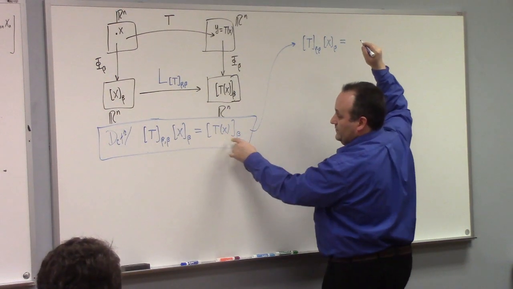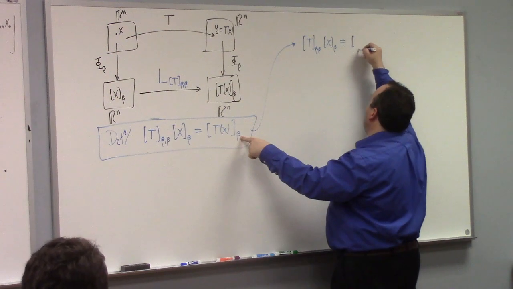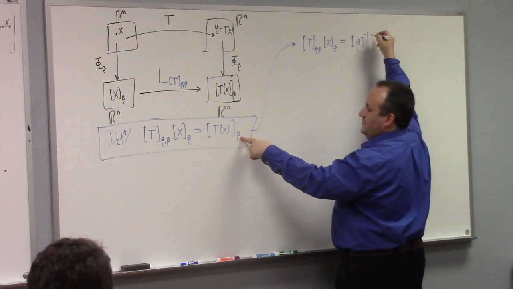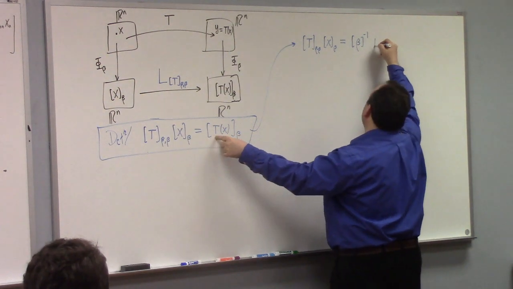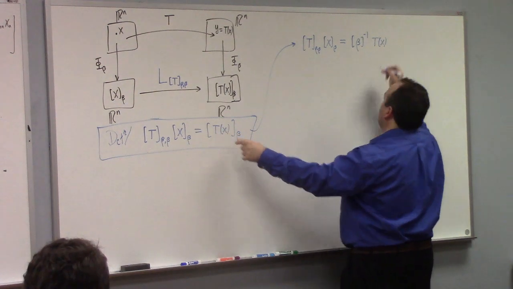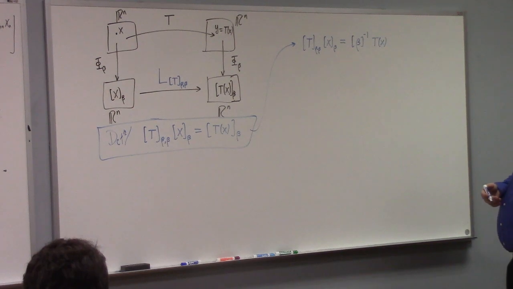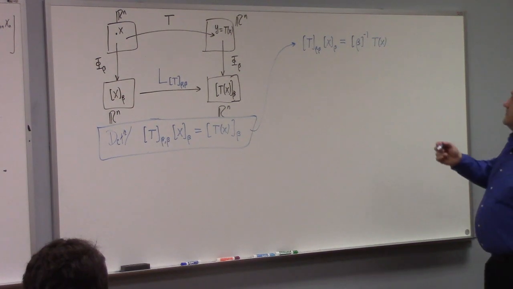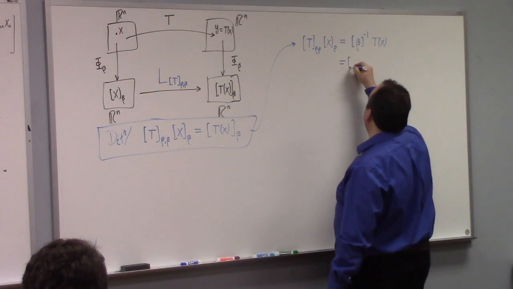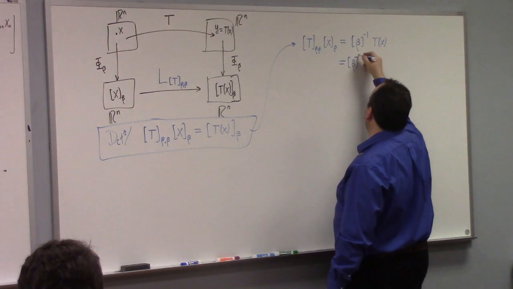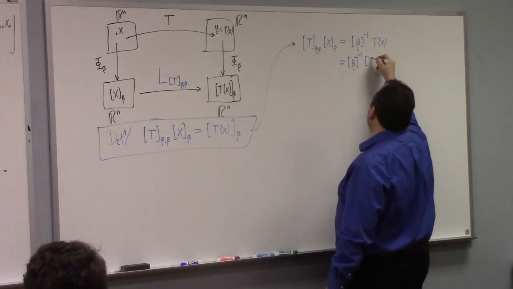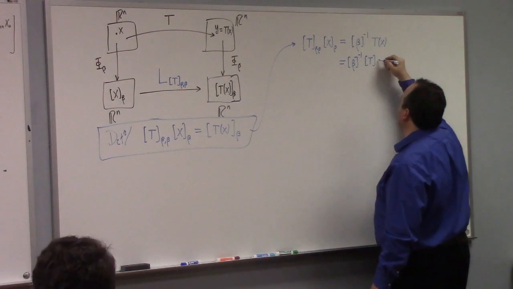How do I find the coordinates with respect to beta? I multiply by the beta inverse matrix times T of x. But what is that equal to? That's the standard matrix of T times x.